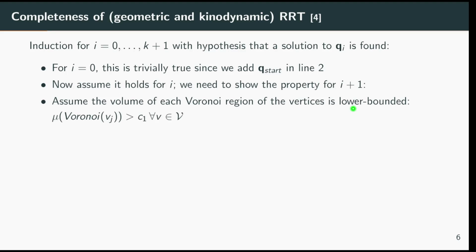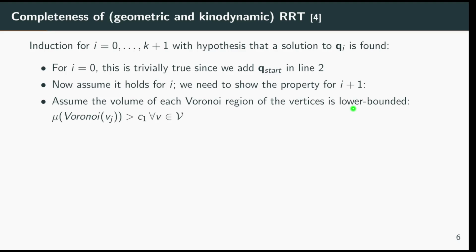And so we assume that for each of these Voronoi regions, remember every point in our tree defines a Voronoi region, and this nearest neighbor sampling means that we find the node in the tree that is the Voronoi center of the point we sample.